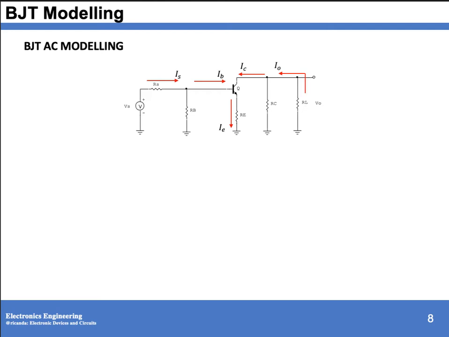The primary function of a model is to predict the behavior of a device in a particular region. At DC, the bipolar junction transistor works in either cutoff or saturation. In the AC domain, the operation of this transistor is quite different, and it works in the linear operating region.